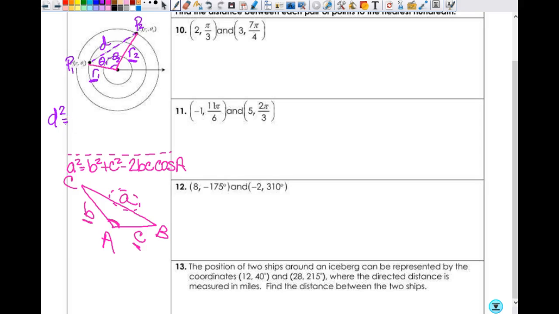That's equal to B squared, which would be like R1 squared, plus R2 squared, minus 2 times R1 R2 times the cosine of this angle right here, which is theta 1 minus theta 2.